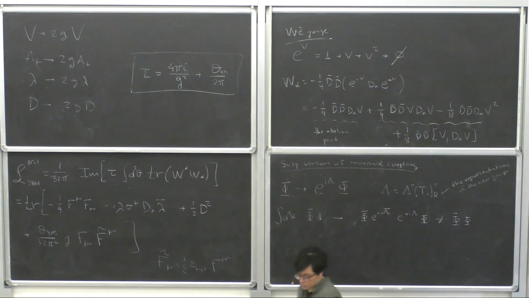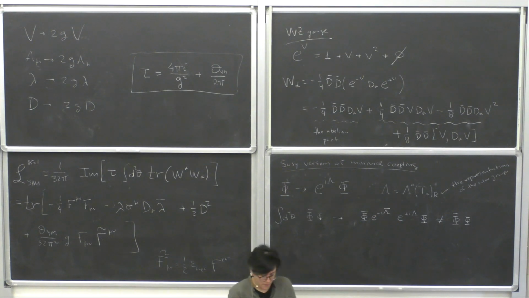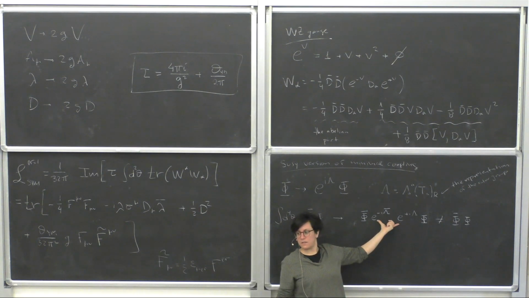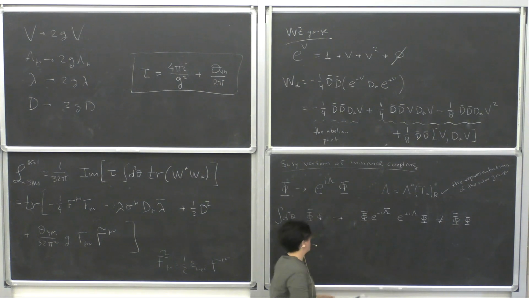But it's not very, very, very bad because we know how to fix it. We will fix it precisely with minimal coupling, precisely the same way we did when we learned quantum field theory the first time. And okay, I have deleted it, but you have in your notes how e to the v transforms. e to the v transforms precisely in this way so that it cancels this, precisely.